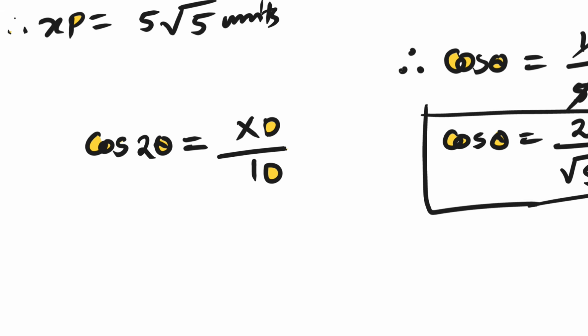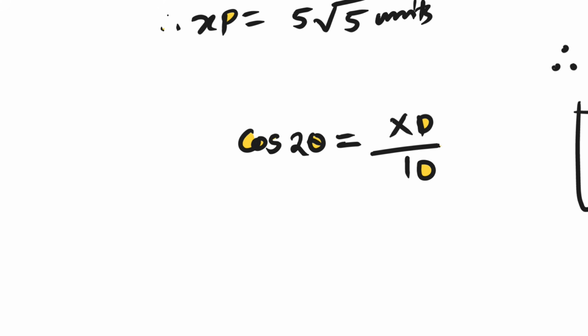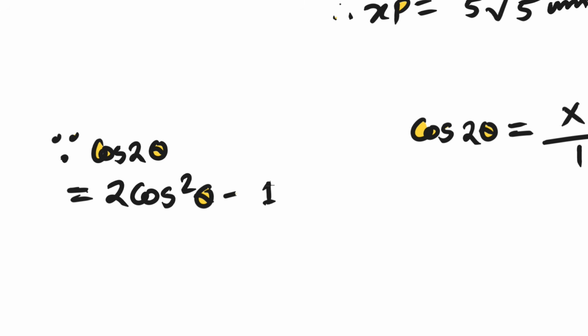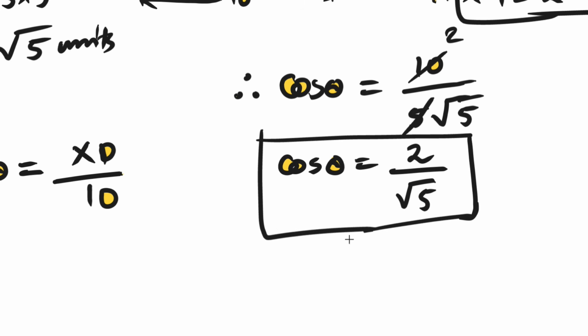Now we need to calculate cosine 2 theta. This is where the double angle identity becomes useful. The identity says that cosine 2 theta equals 2 times cosine squared theta minus 1. We already calculated cosine theta, and it is 2 divided by the square root of 5.